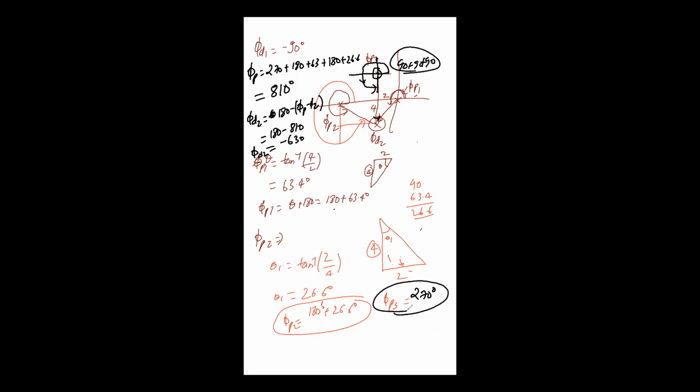Okay. So phi d2 we are getting is minus of 630 degree. What else can you write? Minus of 360 degree, minus of 270 degree. You can do it like this.